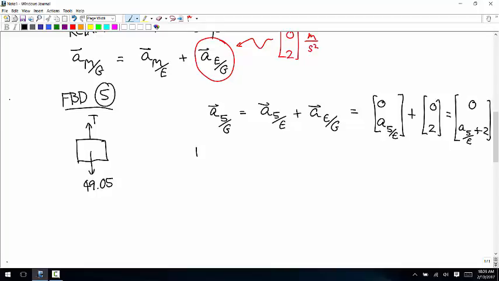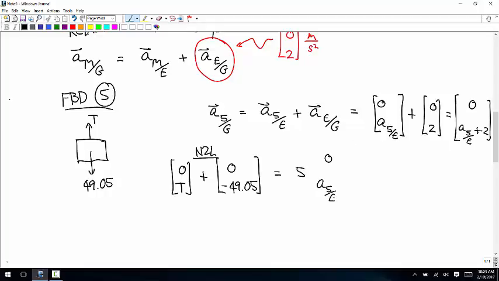And now Newton's second law says 0, T plus 0, negative 49.05 is equal to the mass times the acceleration relative to the ground, our only inertial reference frame, 0, A5 relative to elevator plus 2.